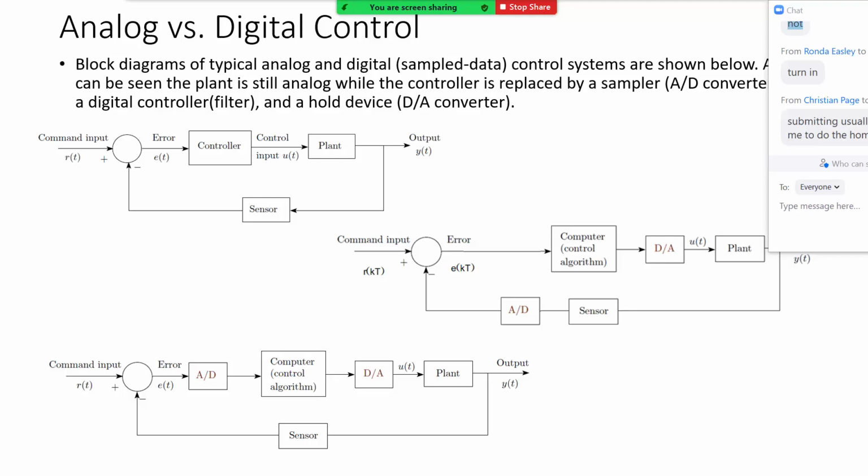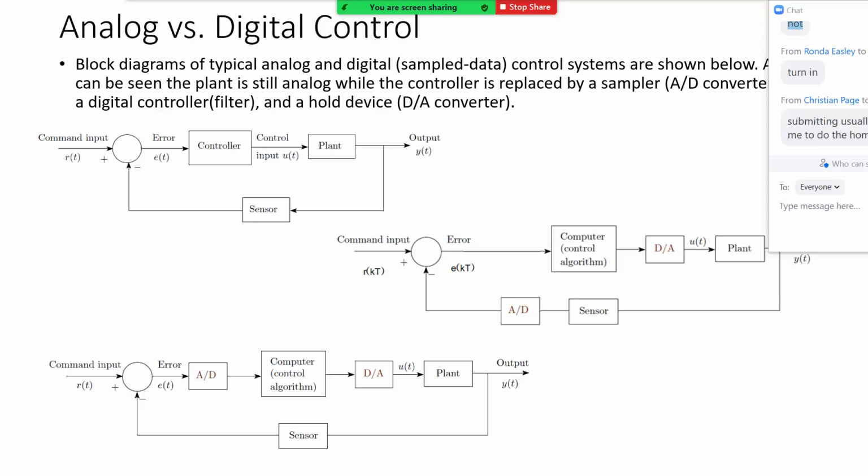Okay, so let's look at this diagram. What we're going to be doing for the rest of this presentation is just introducing the topic of digital control. If you look at the block diagram on the upper left, this is the analog control system that we are familiar with.